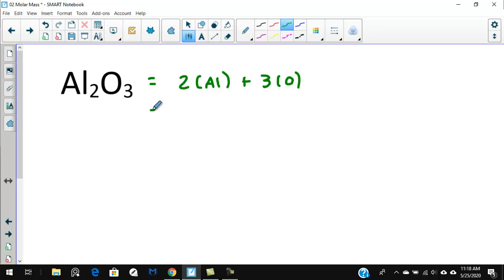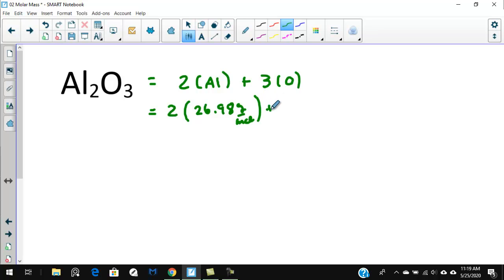And again, so we go 2 times, need to look up what aluminum is. Let me flip over to my periodic table. And aluminum is 26.98 grams per mole.